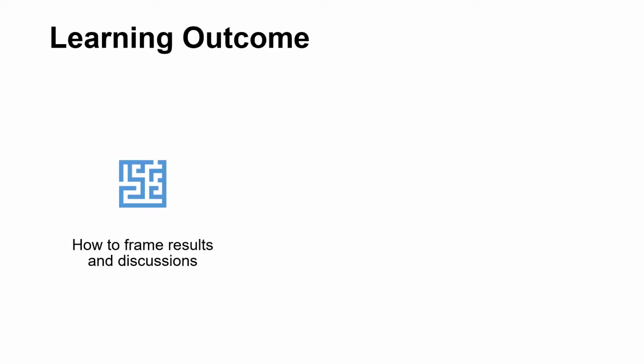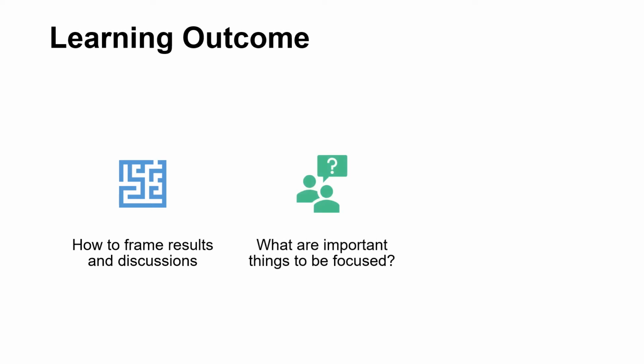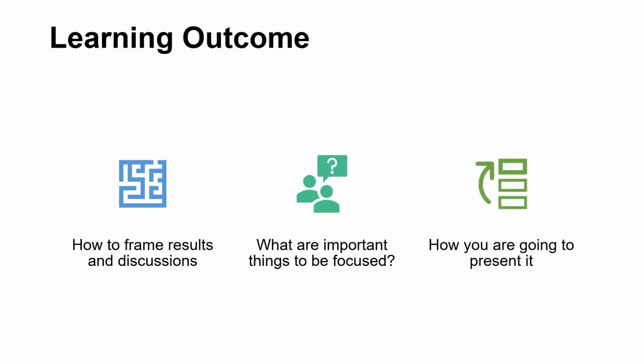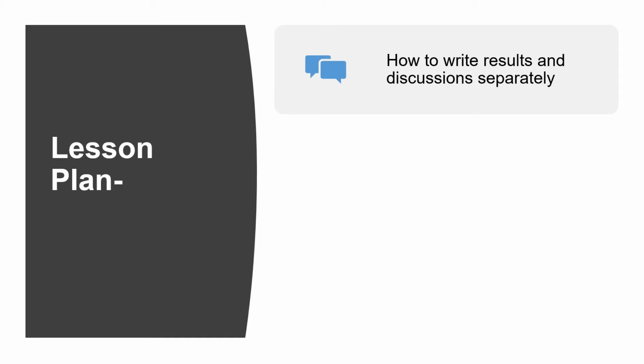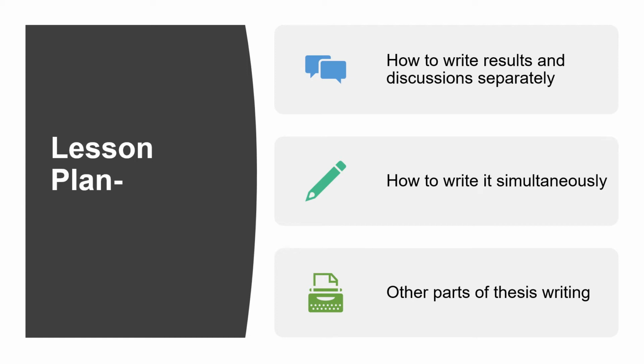By the end of this module, you will know how to frame the result and discussion part, what things to focus on while writing them, and how to present them. In the lesson plan, we will first discuss result writing, then discussion writing, then how to write result and discussion simultaneously, and then the remaining portions like conclusion, references, and summary. So all these things we will cover.